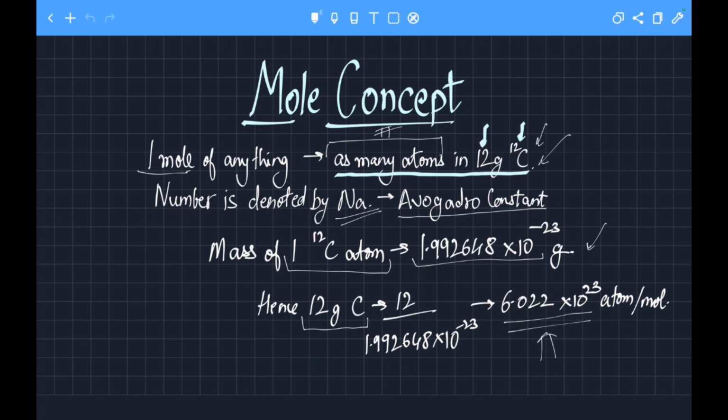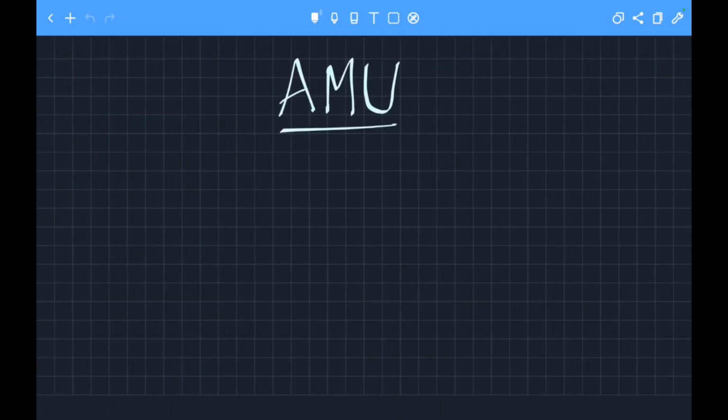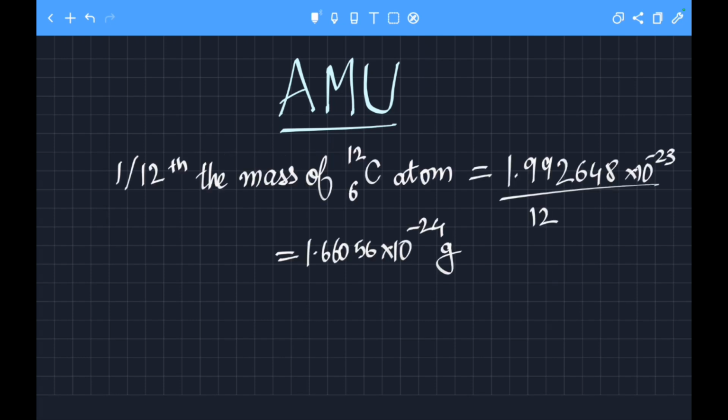Now before we move further in this topic, let's talk about another aspect, which is AMU, or atomic mass unit. So the definition of atomic mass unit is exactly 1/12 the mass of a carbon 12 atom.